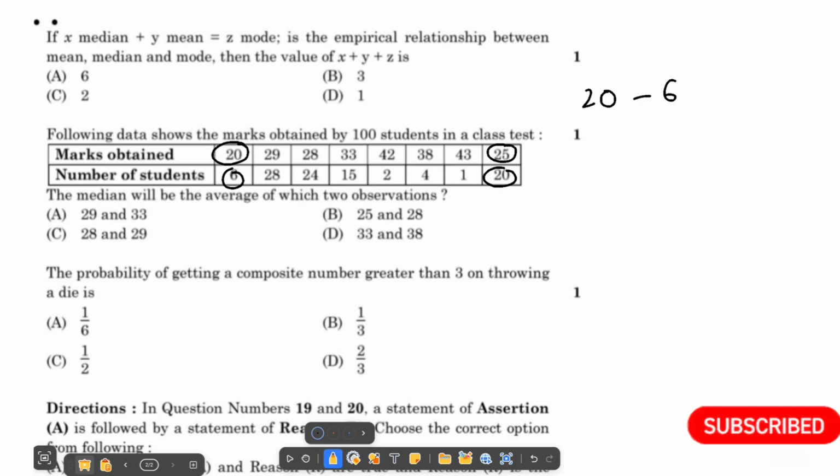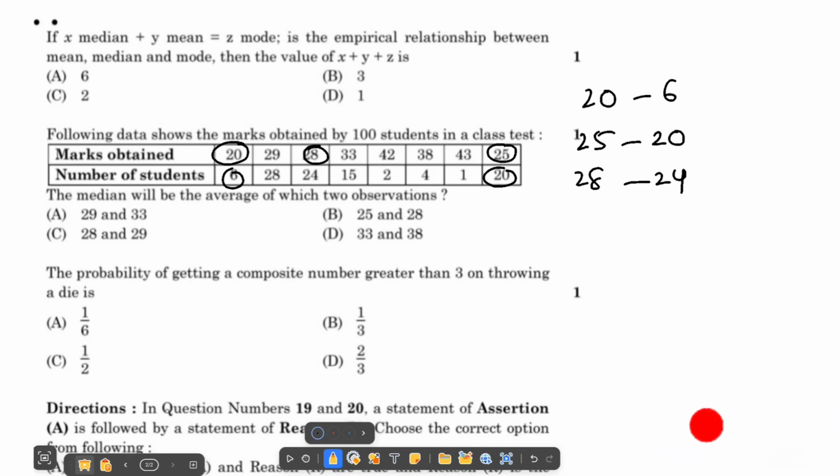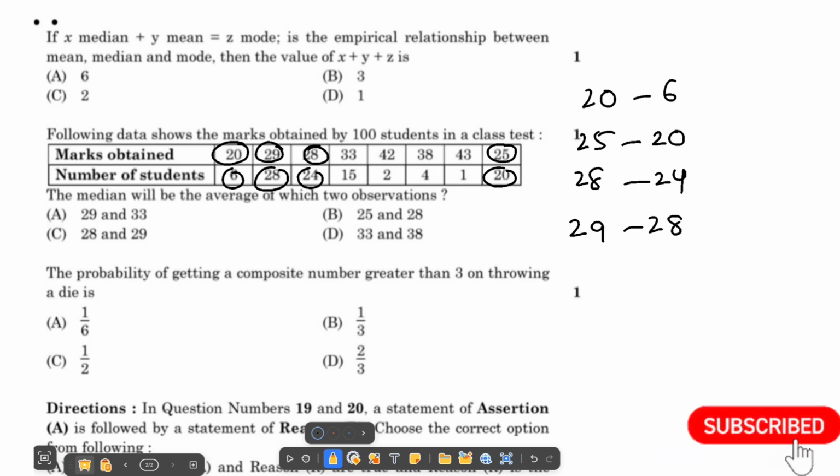So this 25 is 20 times. The next smallest observation is 28. So this 28 is 24 times, and after that 29. This 29 is 28 times. Next after that, 33.